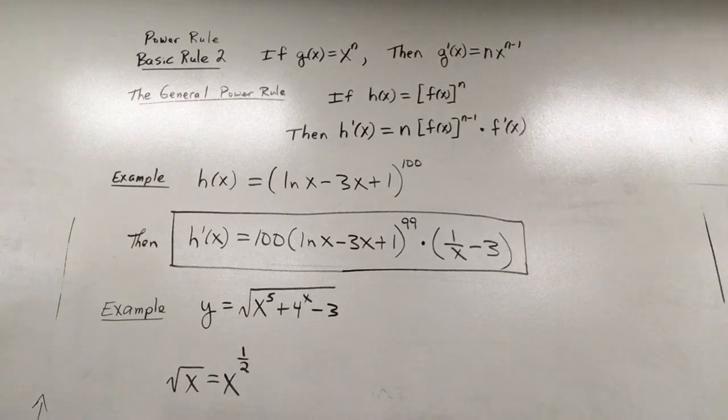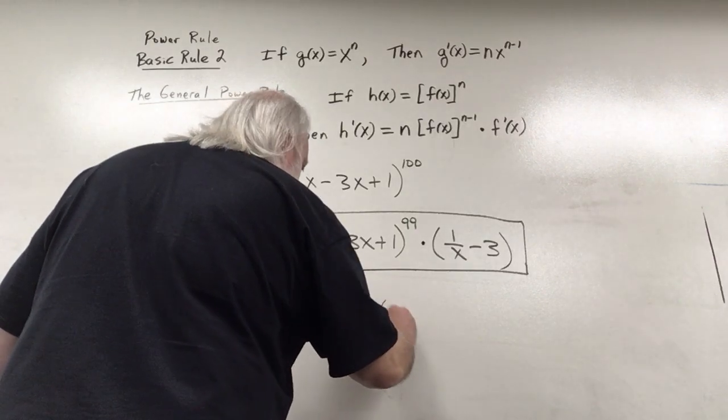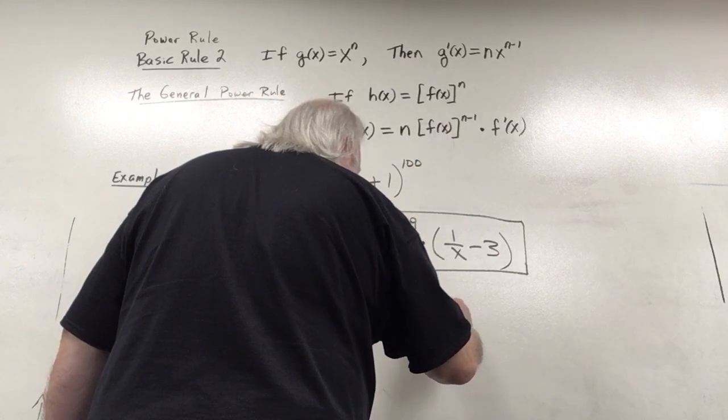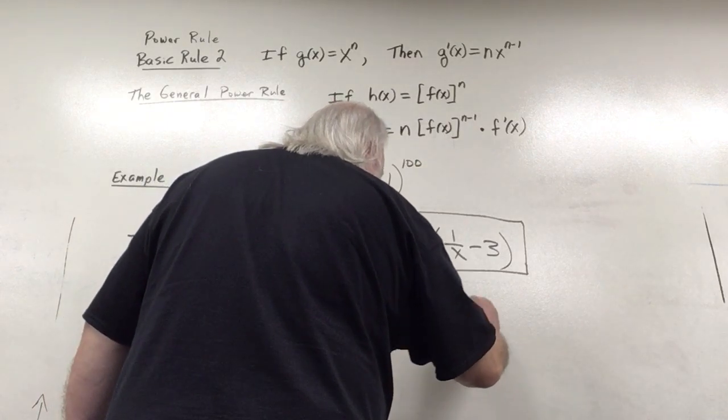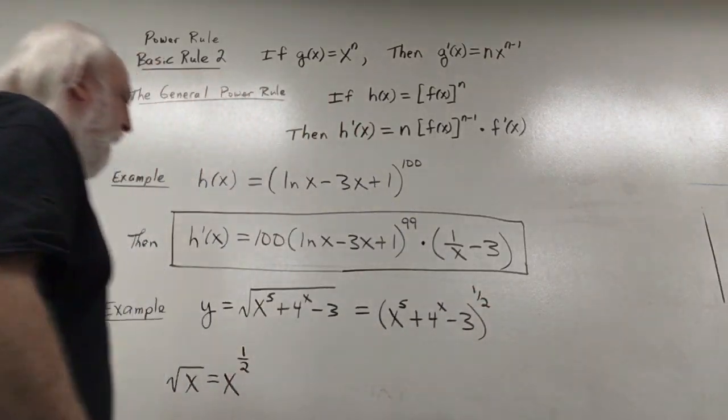So all this under the radical, we got to raise to the 1/2 power, so we can differentiate it using the general power rule. So we have x to the 5th plus 4 to the x minus 3, that's what's under the radical, all raised to the 1/2 power.